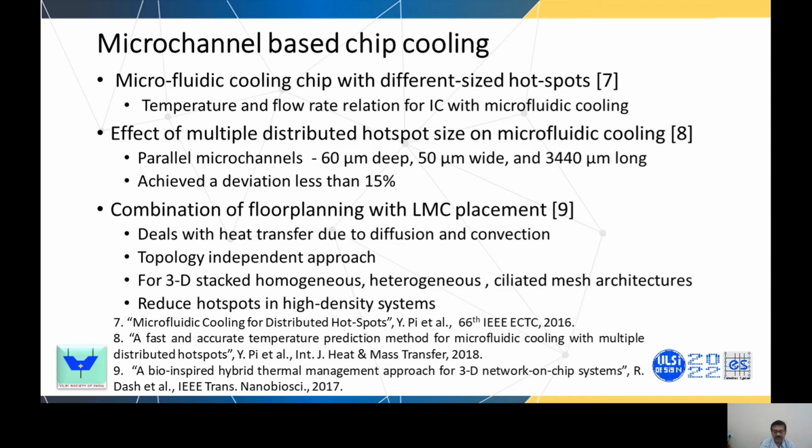Another more effective cooling can take place by doing floorplanning combined with liquid microchannel placement. These are efficient for 3D cooling and 3D packaging of processors and ICs, but still reconfigurability is not guaranteed.